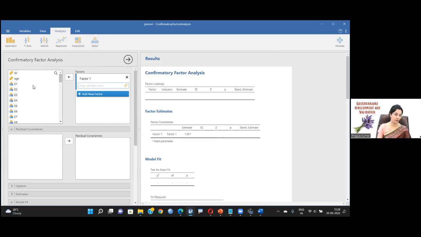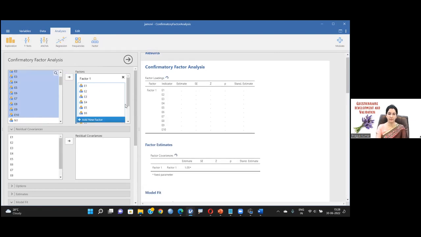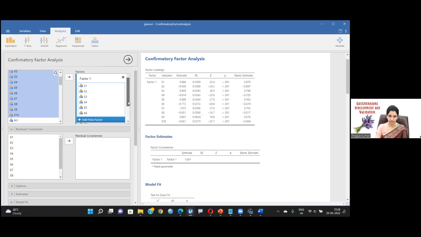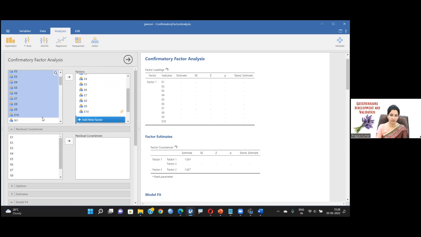So now all the E items, E1 to E10, will be loaded on factor 1. I will go down and shift E1 to E10 to this factor. I will keep this in factor 1. Then I will add another factor, and now I will move N1 to N10.